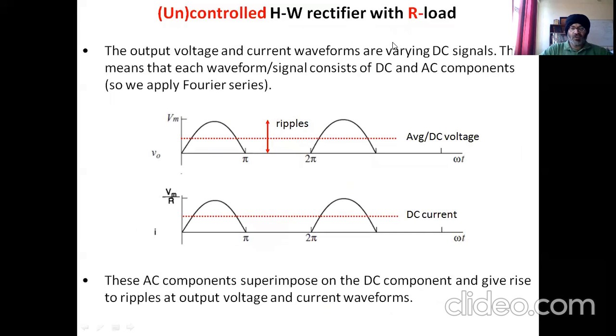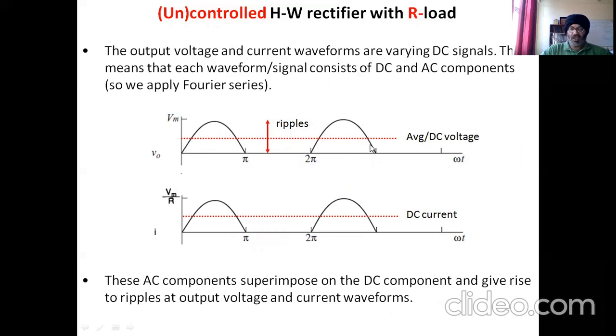Okay, we have already discussed harmonics and the use of Fourier series. We can apply Fourier series for harmonic analysis. In this case also, the ripples are kind of AC components because they keep on changing, and they are actually superimposed on the DC component.